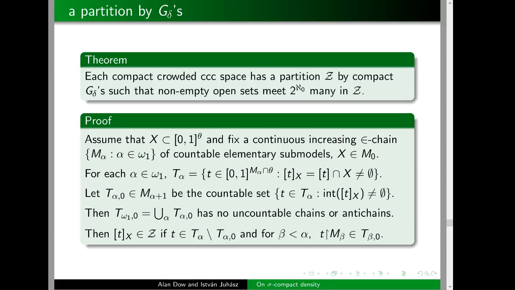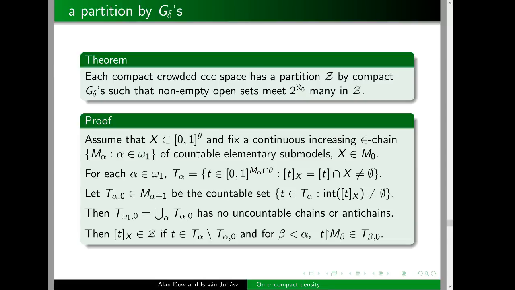As soon as they become lower dense, you take that in your partition. So you've got this tree of all such, ranging over all alphas. If you follow a member of X down, eventually it becomes lower dense because this has no uncountable chains. There's this minimal place where it becomes lower dense, and you throw that in the partition.